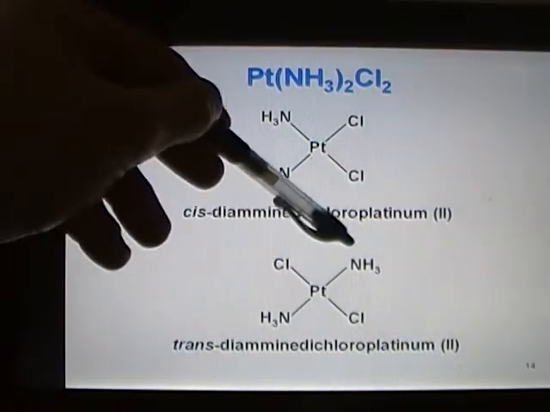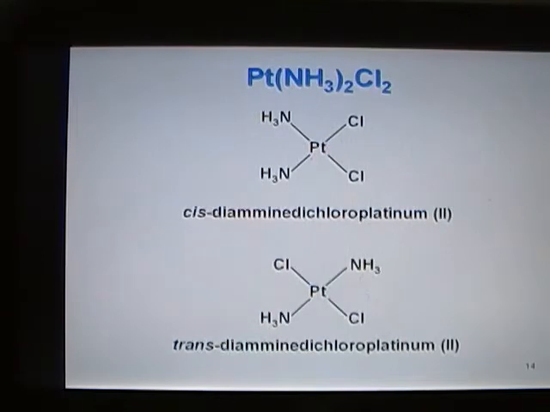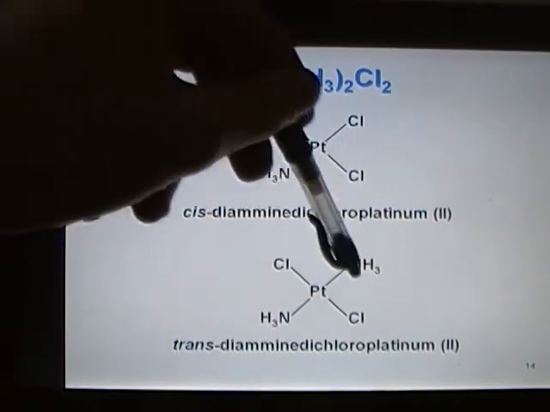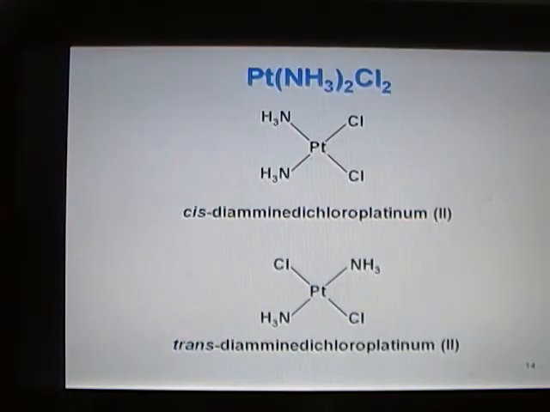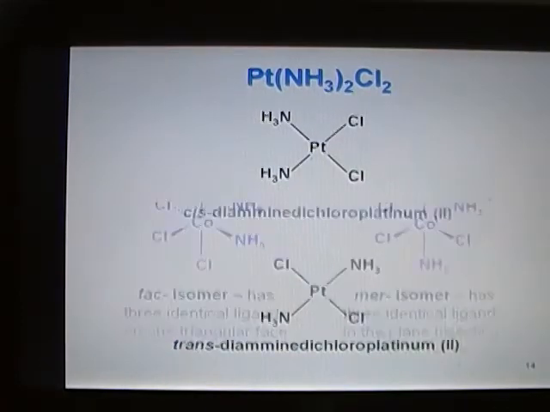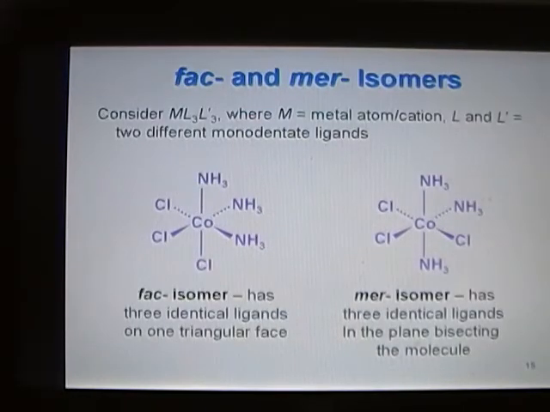If we define the two amine groups as being trans, the two chloro groups must also be trans. Now, in square planar complexes, we only have cis or trans.